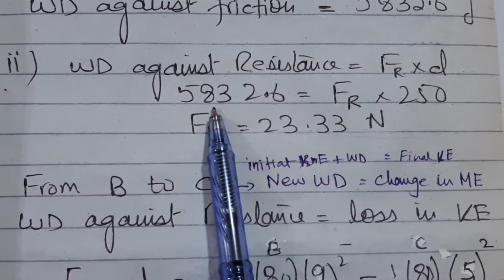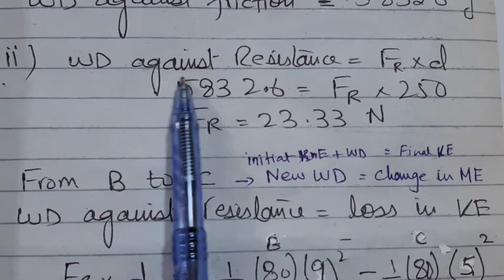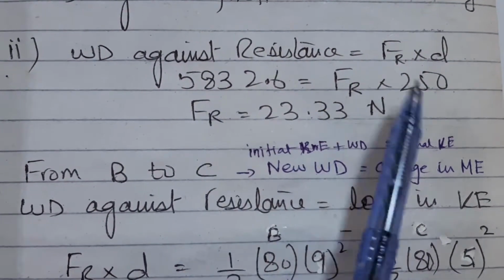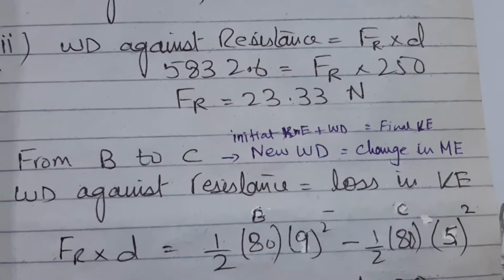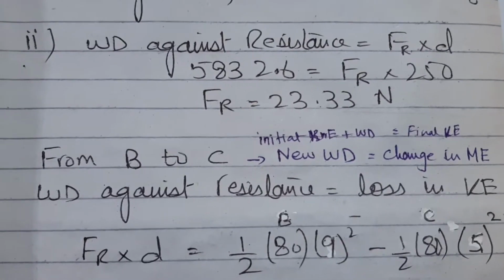In the part AB, the distance was 250 and the work done against resistance was this, which we have calculated. So this will help me to calculate the resistance force, which is constant throughout the motion. Now I will use this resistance force in my next part.